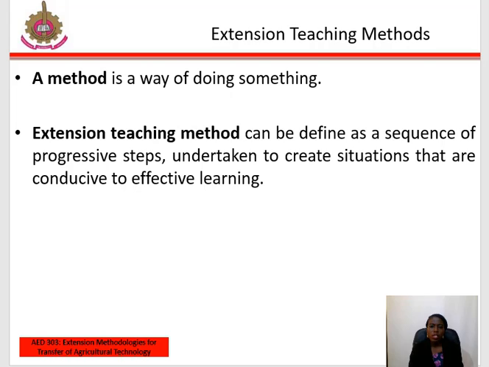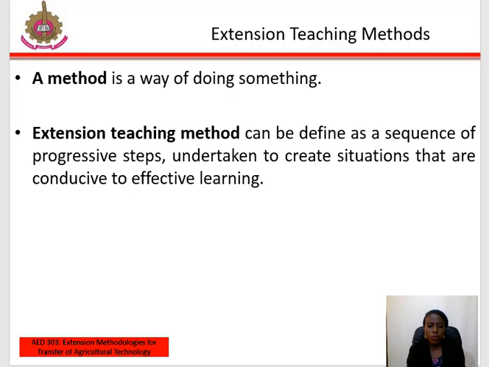What is a method? A method is a way of doing something. It is an orderly arrangement of a set of procedures.